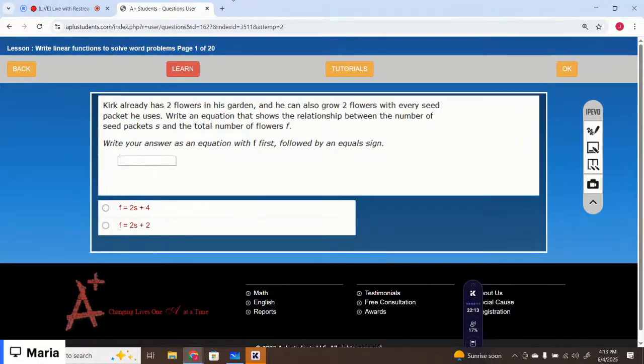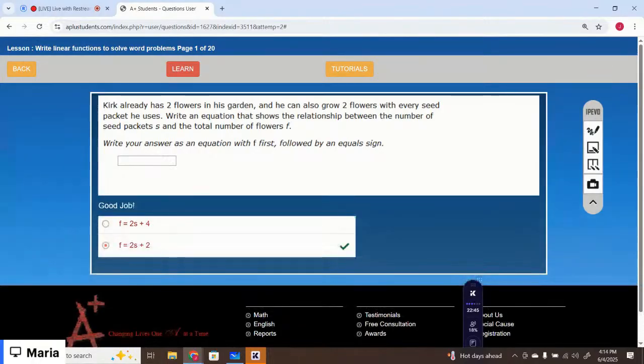So F equals 2S plus 2. S is the seed packet, and 2 is the flowers that he already has in his garden. So option number 2 is the correct option, that is F equals 2S plus 2.